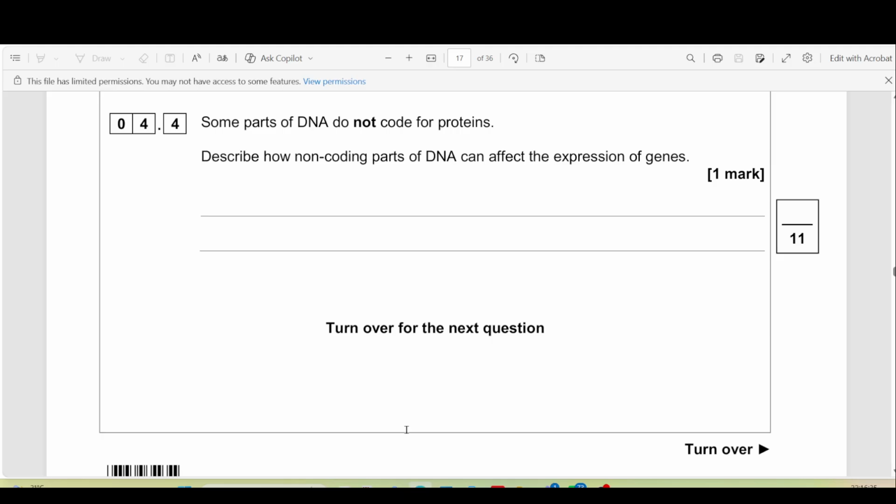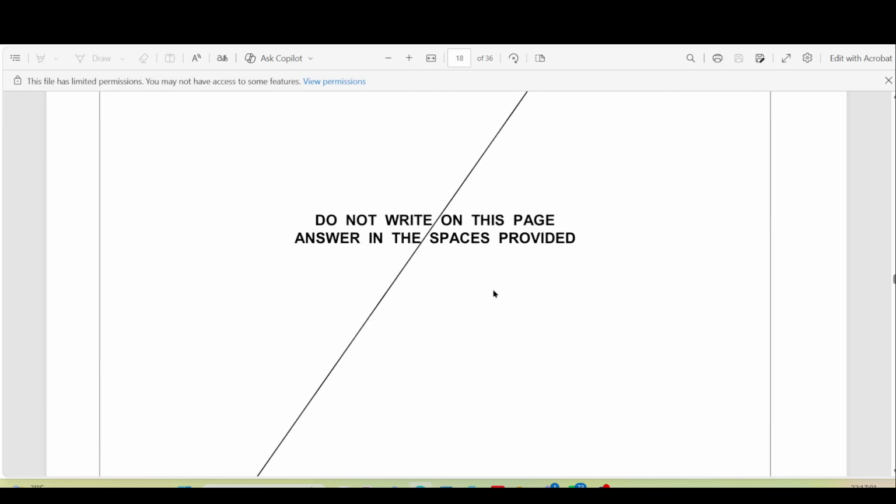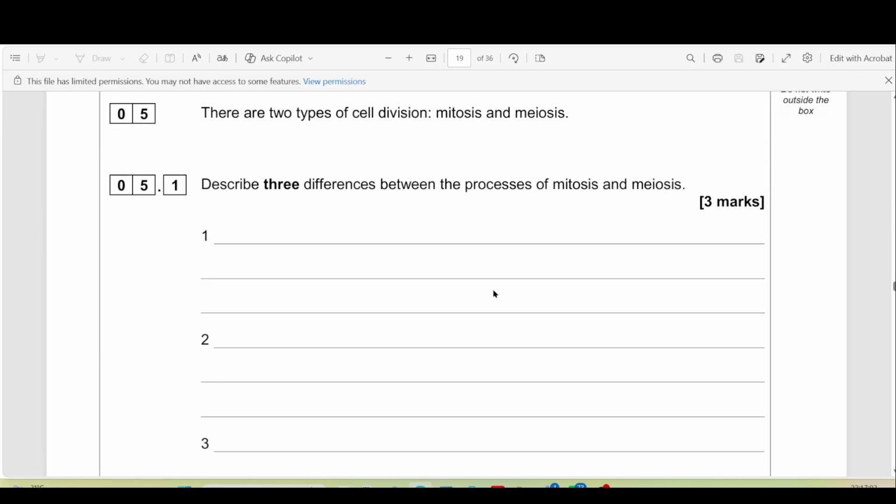So the answer: non-coding parts of DNA can switch genes on or off. Yes, this is their function. They can make genes turn on and off.